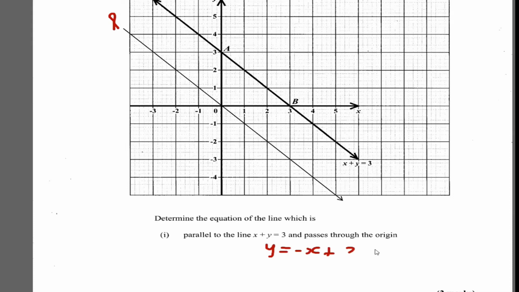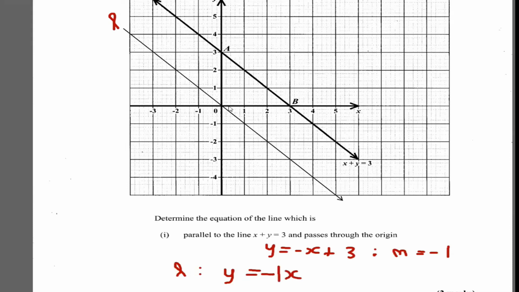And so the gradient is negative 1. So if the gradient is negative 1, then the equation of the parallel line L is going to be y is equal to negative 1 times x plus your constant c.